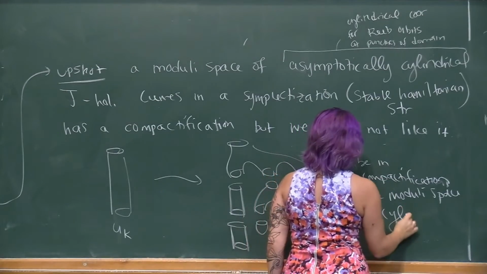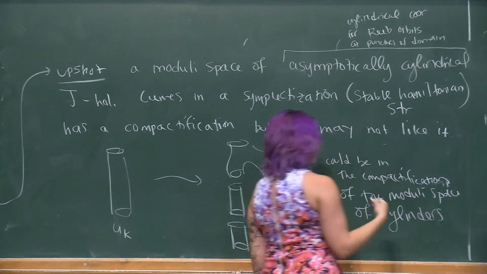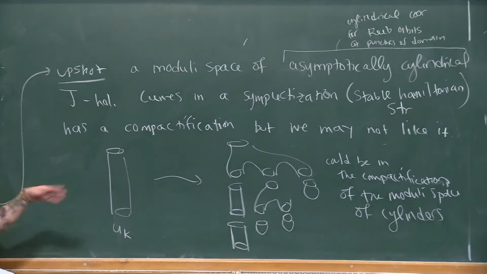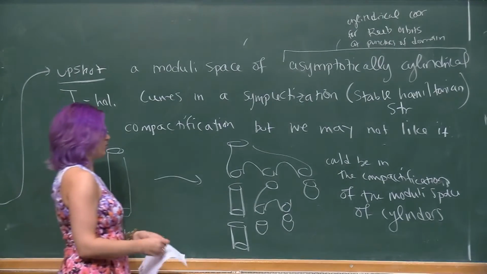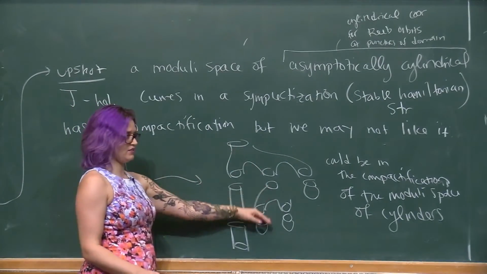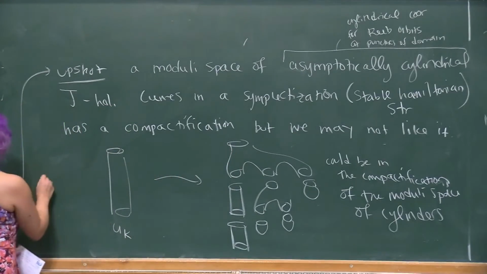And this is bad for us because if we want to show that d squared is 0, we want to run an argument that's analogous to Morse theory, and that's not going to work. What happens is that when you have a failure of both compactness and transversality, you can't assume that the virtual dimension of each of these pieces is at least 1 if you're in a symplectization.